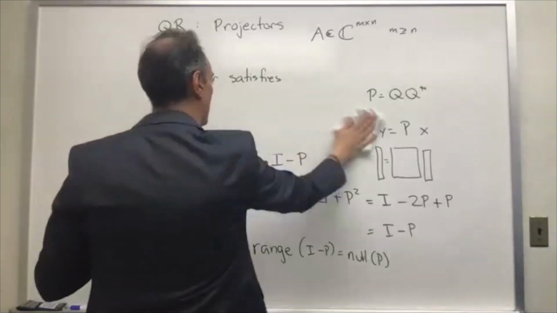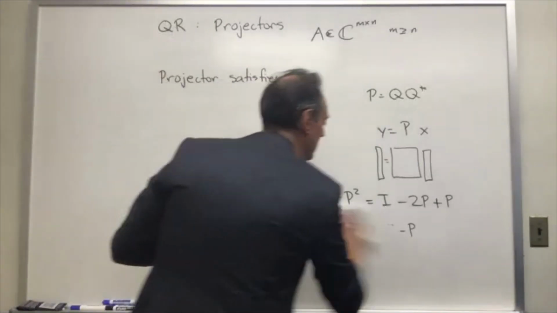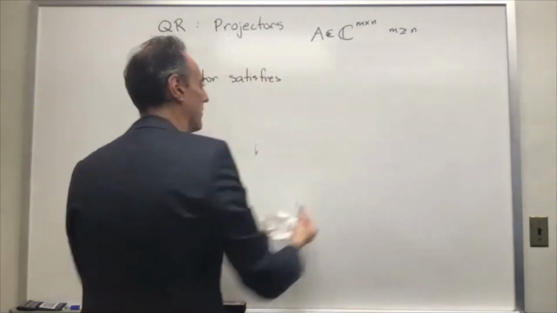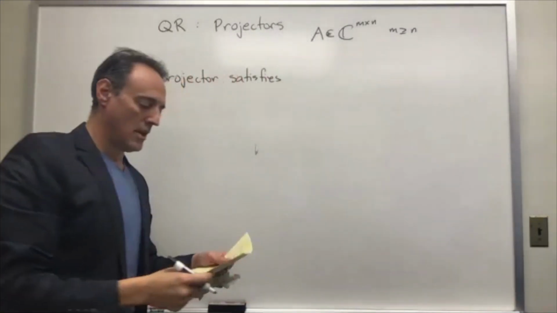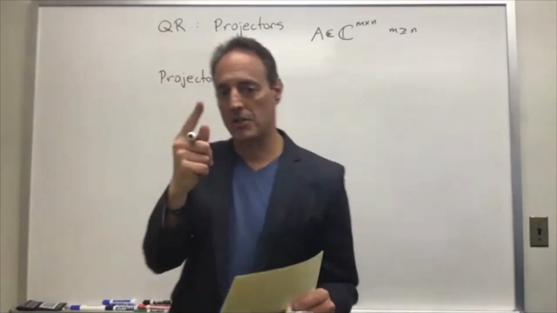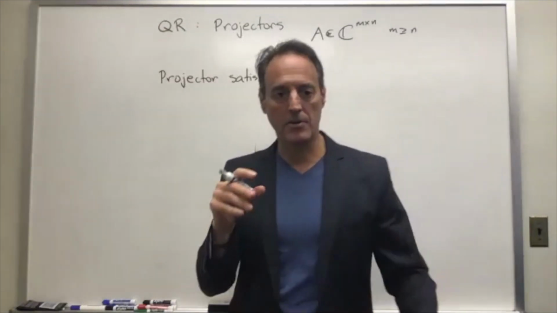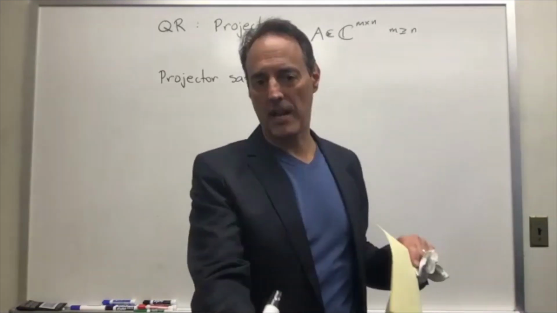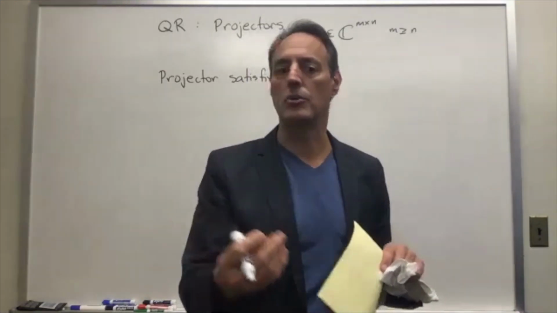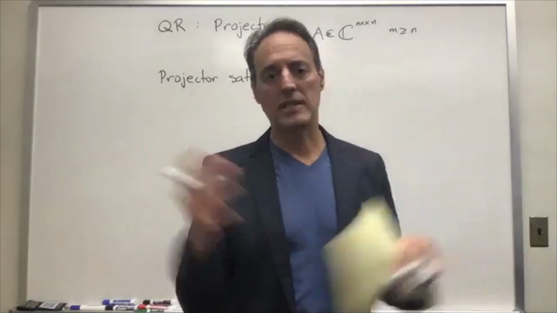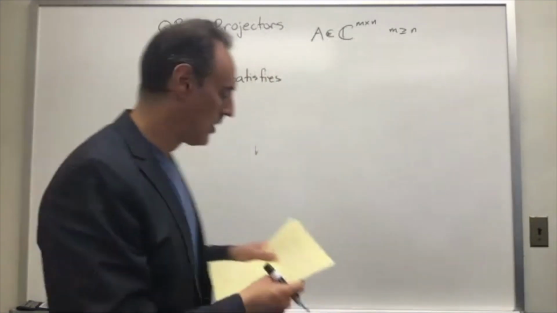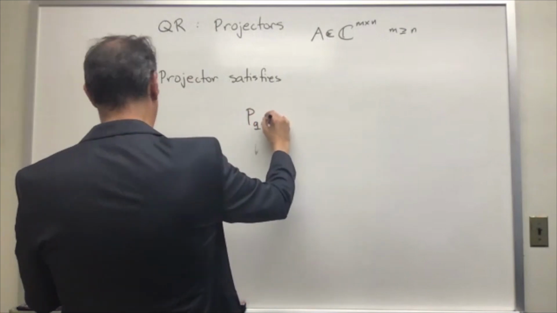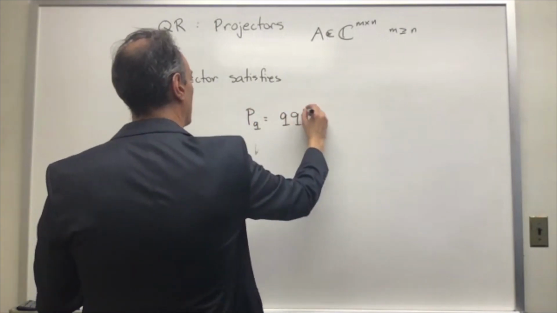One last thing I want to point out, and this goes exactly to that formulation of QQ star, is if I want to do a rank 1 projection. In other words, I want to take something and project everything to a direction that I pick. Let's say I pick a vector Q, and I want to project everything into that direction. How would you do that? Well, the projector into the Qth direction is QQ star.